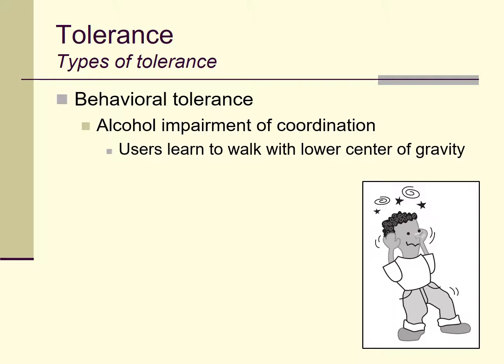What sometimes occurs, and what can often occur for people if they drink repeatedly, is that they learn to walk with a slightly lower center of gravity and a little bit more of a sway in their movements so as to not stumble as easily. Now, this doesn't entirely offset or counteract the impairment from alcohol, but it does compensate a little bit, and it's something that drinkers, at least repeated drinkers, can learn to do.